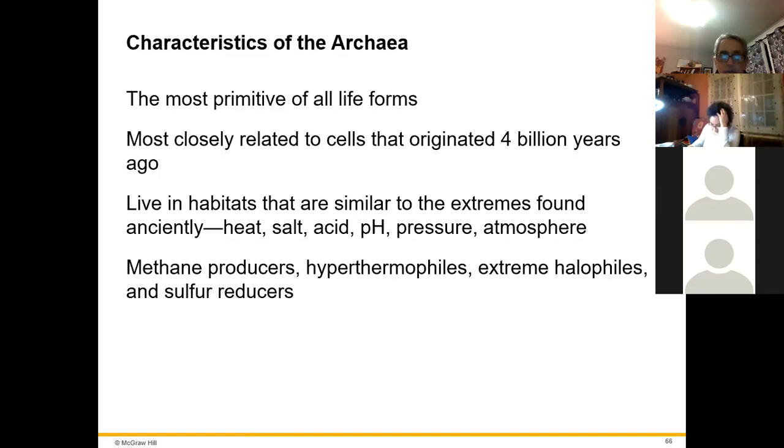Many of them produce methane. They are hyperthermophiles, meaning they thrive in very hot environments. Extreme halophiles thrive in very salty environments, and they are capable of reducing sulfur. So when we talk about metabolism, there are some bacteria that can use sulfur as an electron acceptor.